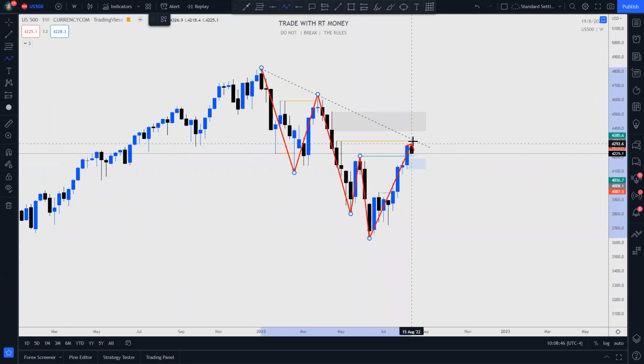And then, well, what do we have here? A break of structure. What does that mean? That means we have turned bullish. The market is bullish as of this moment when it breaks that high. The thing is, are we just facilitating a larger pullback?